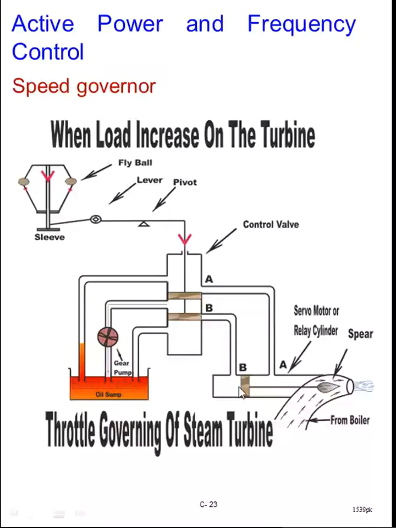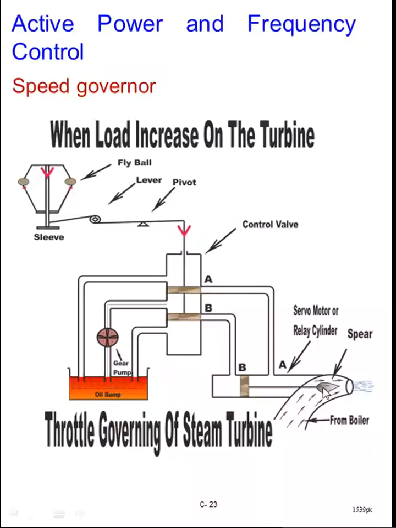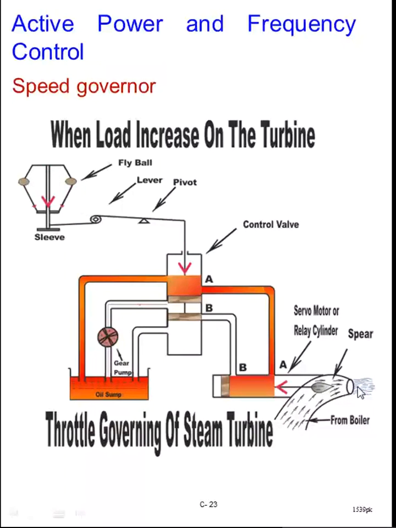In fact, it would be the closing of the throttle, thereby decreasing the amount of steam inlet to the turbine, so that the amount of generation can match the reduced load demand. So this is the action of the hydraulic mechanical governor.